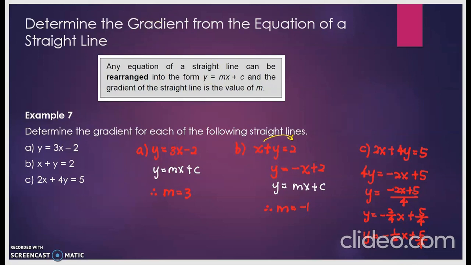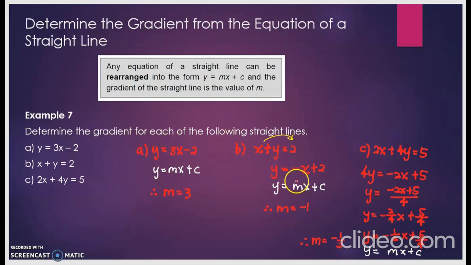So here is the standard form, y is equals to mx plus c. So therefore, our value or our gradient will be m is equals to negative 1 over 2.